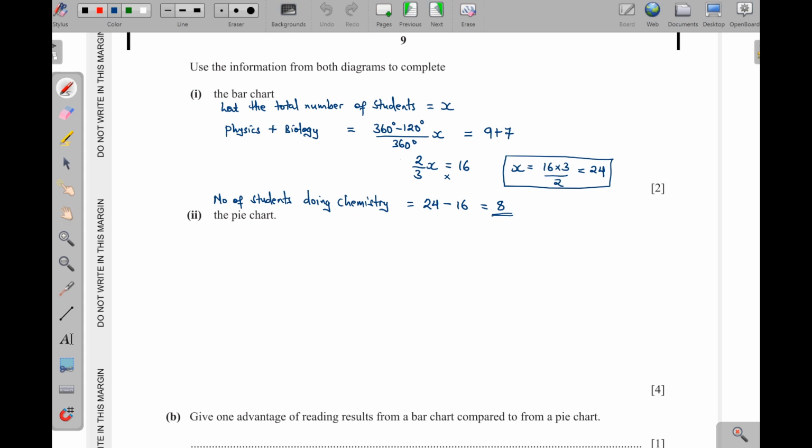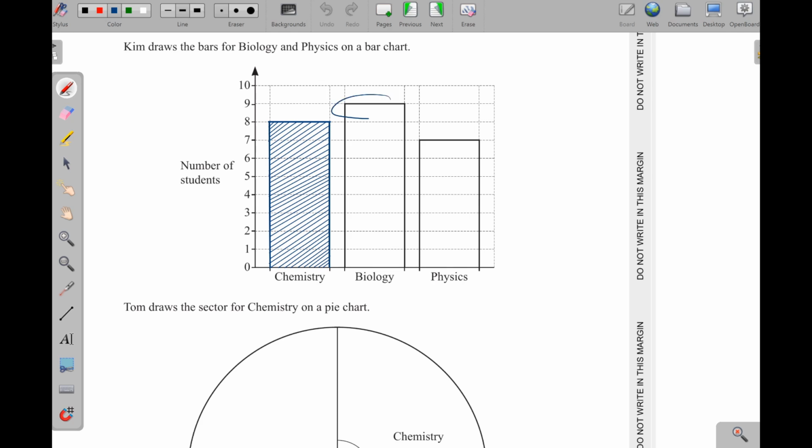Then next, we are supposed to complete the pie chart. Now from here, we need to get the sector angle for physics. Remember, the number of students who are doing physics are 9.